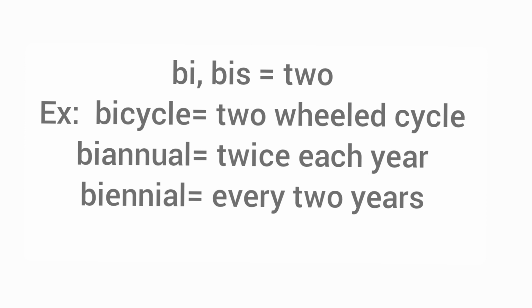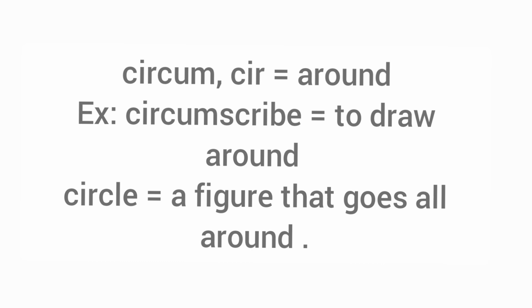Biannual, which means twice each year. Biennial, which means every 2 years. Then we have circum or cir, which means around. Example, circumscribe, which means to draw around. Circle, which is a figure that goes all around.